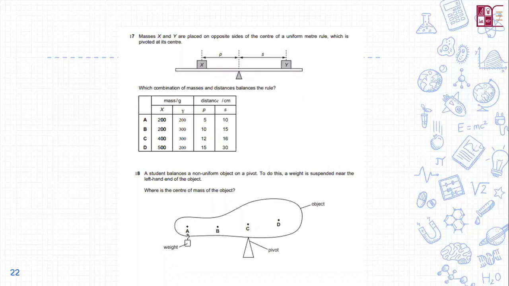The masses X and Y are placed on opposite sides of the center of a uniform meter rule, which is pivoted at its center. Which combination of masses and distances balances the rule?